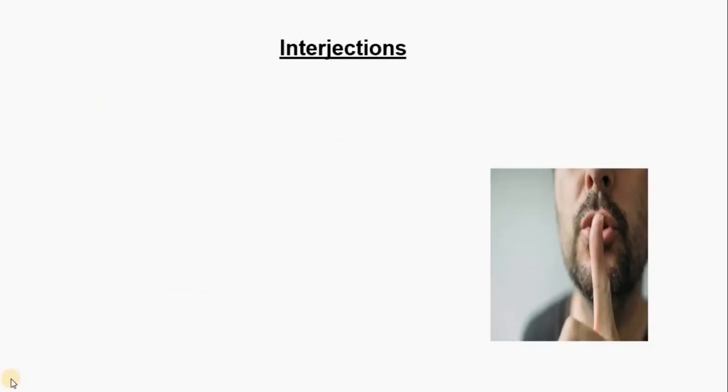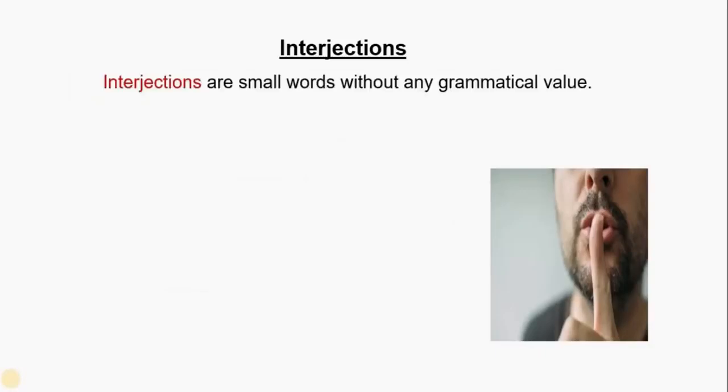Interjections. Interjections are small words without any grammatical value. This means that interjections do not modify other parts of speech, and other parts of speech do not modify interjections. So they are completely independent.